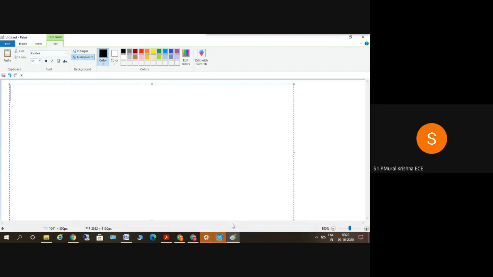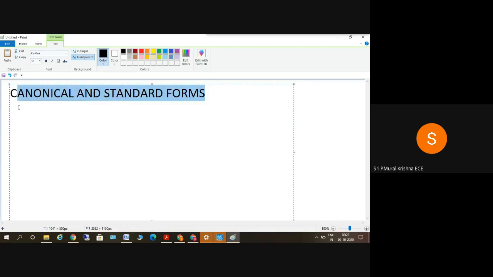We performed minimization operations with those theorems and postulates. Now we will study these forms here: canonical and standard forms.